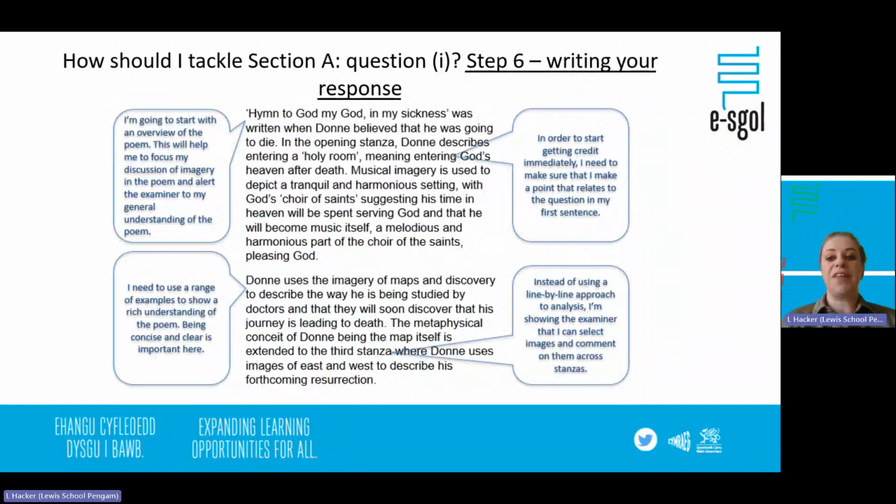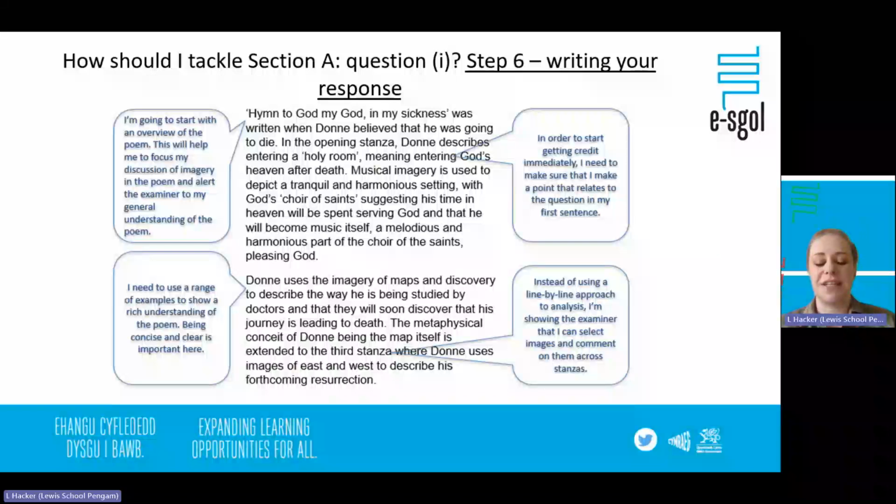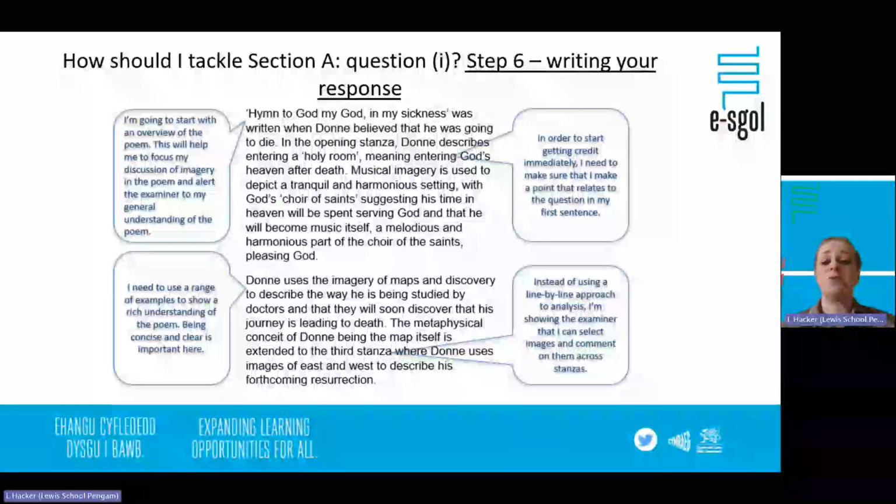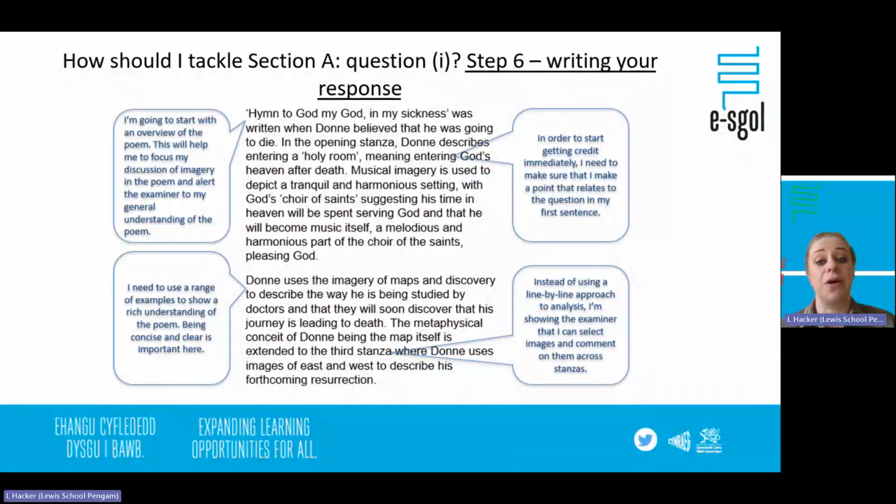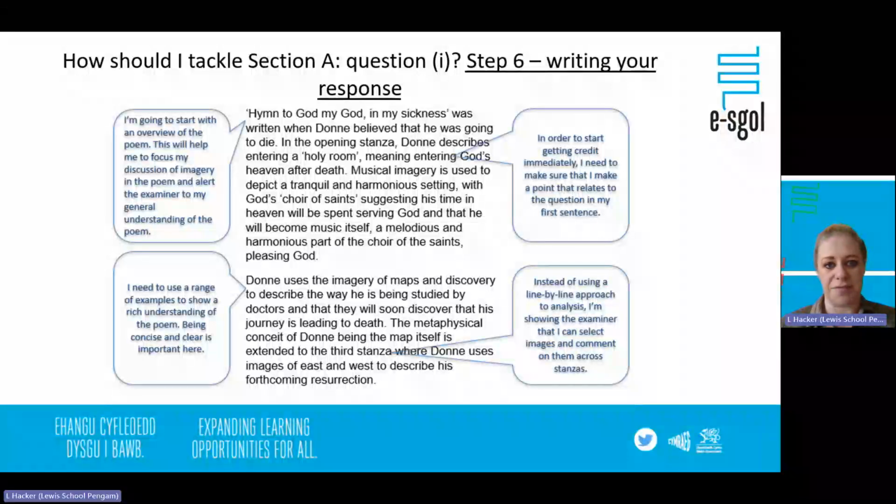Okay, and this is an example then of a written response to that named poem. So remember, the question was asking you to explore Donne's use of imagery in Hymn to God, My God in My Sickness. And this is an example then of a really good opening couple of paragraphs. Hymn to God, My God in My Sickness was written when Donne believed he was going to die.